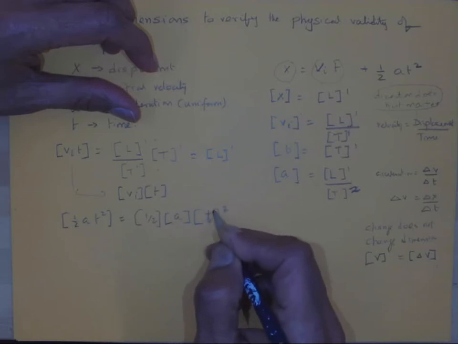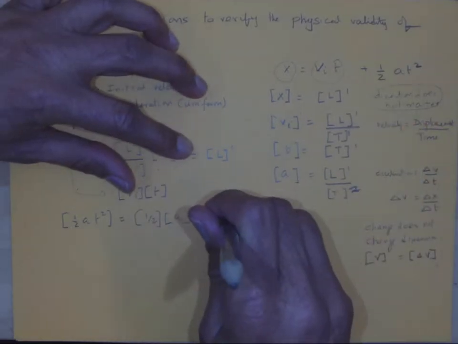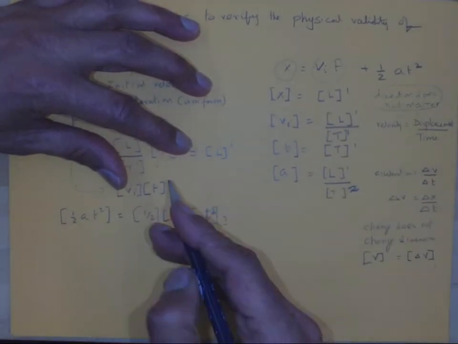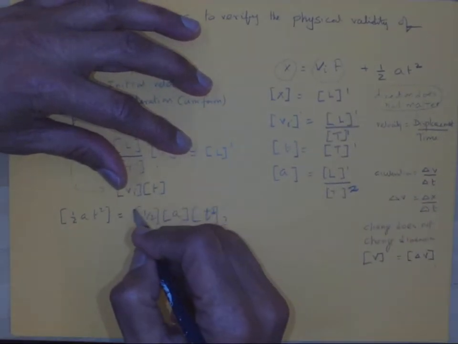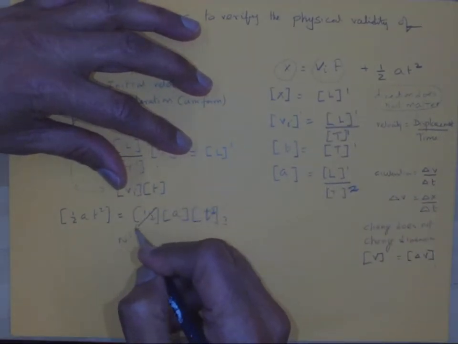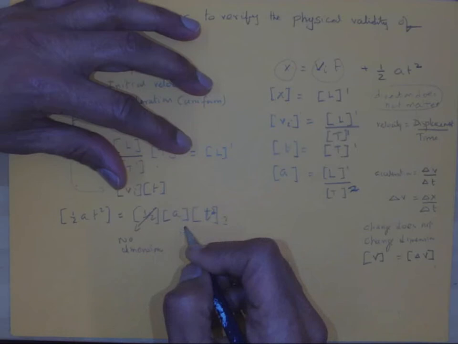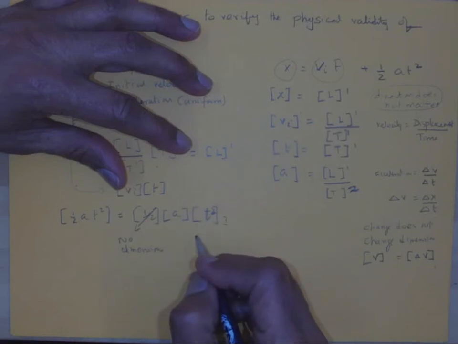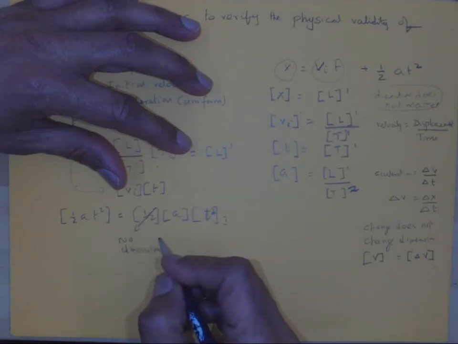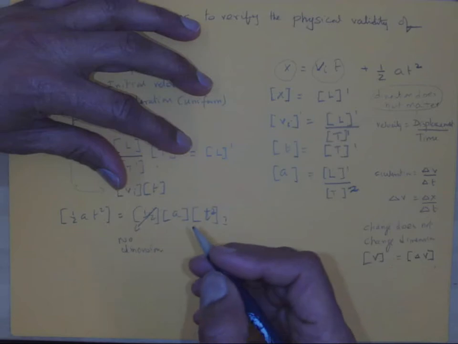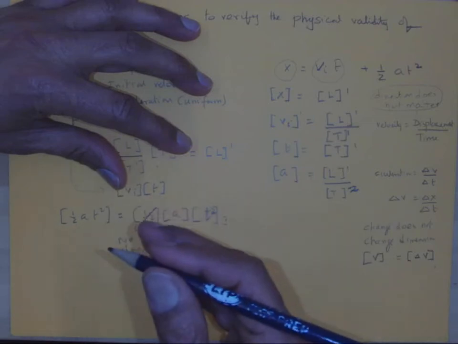Now, that dimensionality has got no dimensions, because there is no unit for that half, or let's say a unit in length, mass, and time.